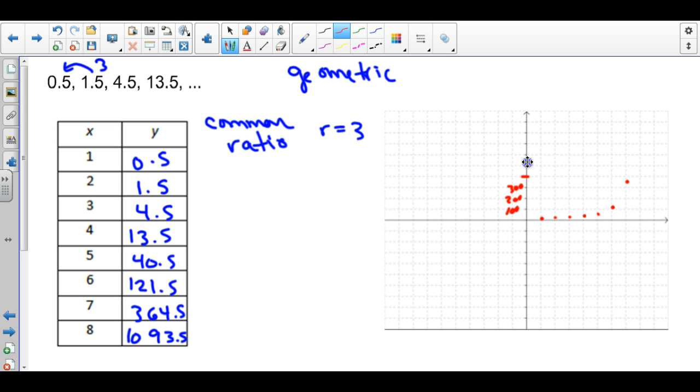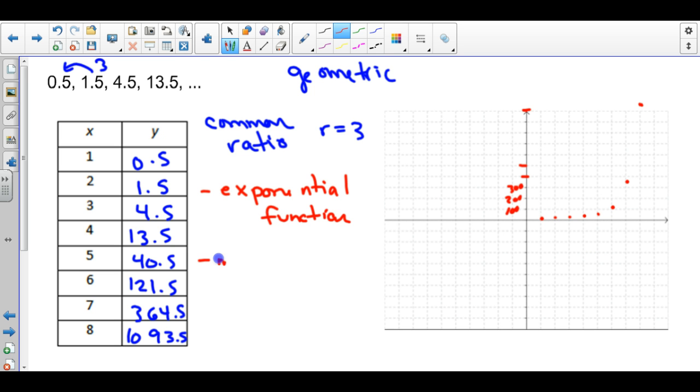So this graph, there's 400, 500, 600, 700, 800, 900. 1,000 is all the way up here. So this last value is technically going to be just a little bit off the graph. And again, it's going to have this curvy shape when it's a geometric sequence because it is exponential. So again, the key terms that I'm looking for here, this is exponential, or you can say it is an exponential function.